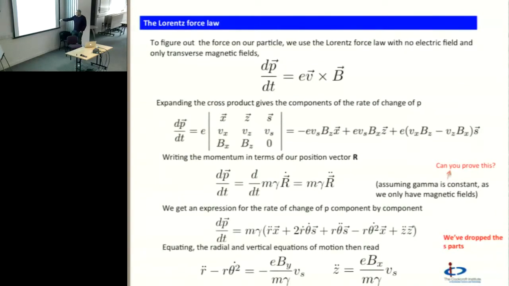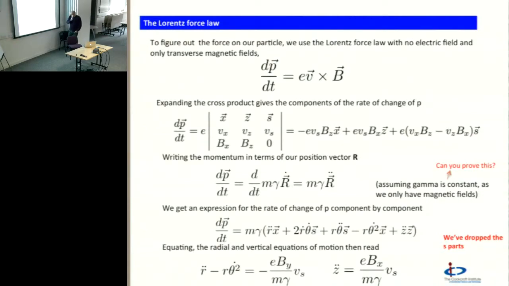What we've ended up with is, having dropped the longitudinal part, a differential equation for r, where r is rho plus x, in terms of derivatives of r, a geometrical term, and the field seen by the particle at a given point in s, and also an equation for z, which is the vertical equation. The details, the notes will be online and printed, so you can go back over and check them. But we have the Lorentz force law, we have some geometry, we combine them, we get an equation of motion for r and an equation of motion for z, horizontal and vertical, in the presence of just transverse fields B_x and B_z. That's what we've done.